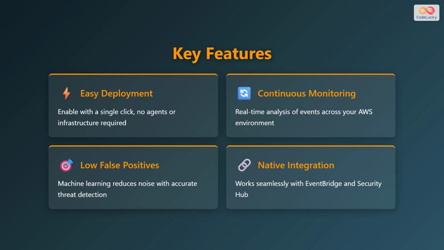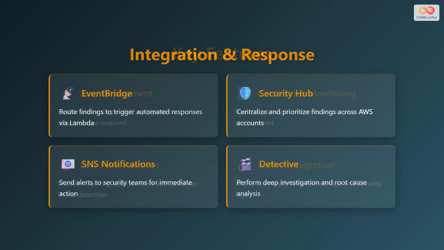Third, GuardDuty maintains low false positives through its advanced machine learning algorithms, which means you won't waste time investigating alerts that aren't real threats. Finally, it has native integration with other AWS services like EventBridge and Security Hub, making it easy to automate your security responses.